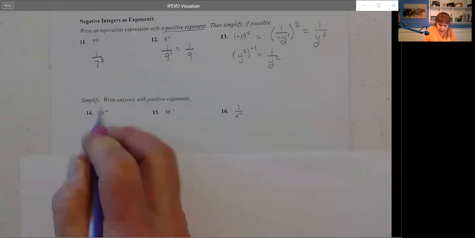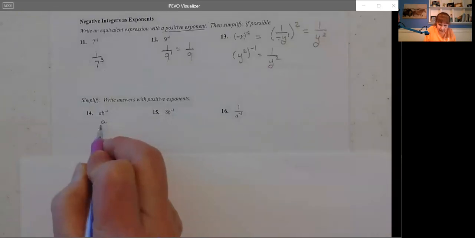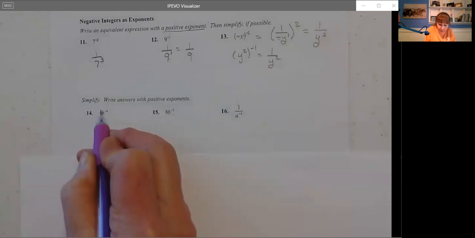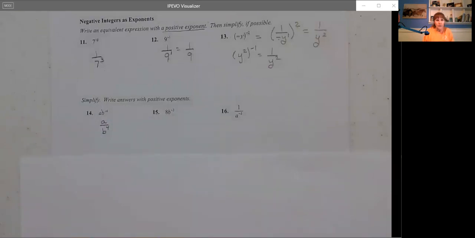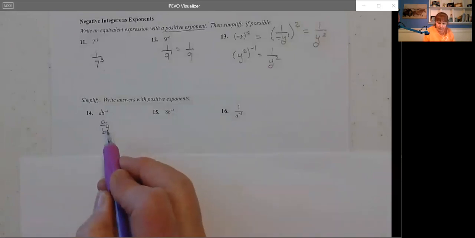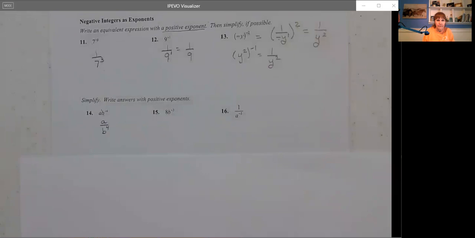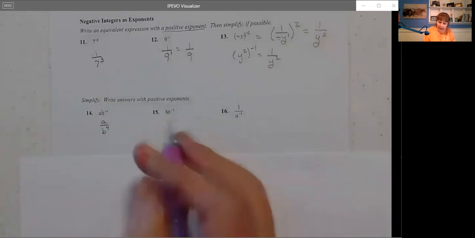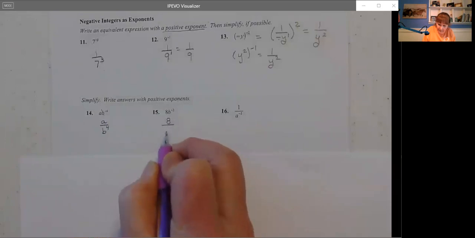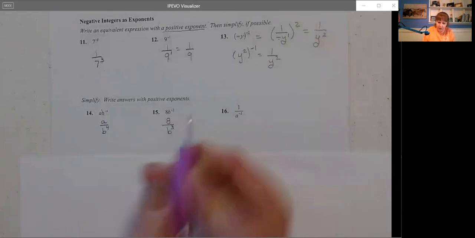Well, the B is going to come underneath, but the A stays because it has a +1 power to it. It's not in parentheses, so the -4 is only on the B. So this can be rewritten with positive exponents like that. This one, the 8 stays, the B comes underneath, changes position.